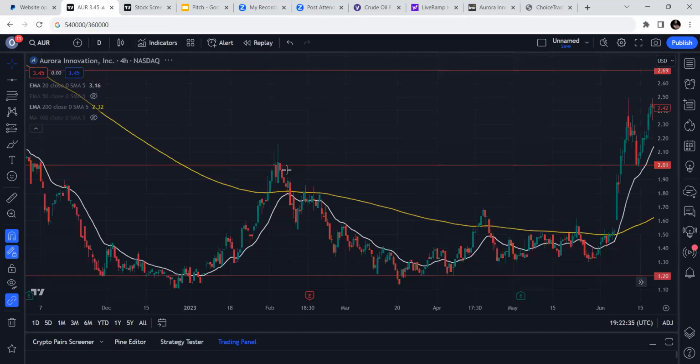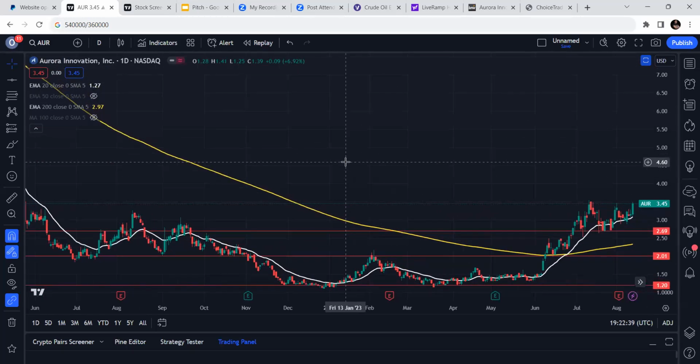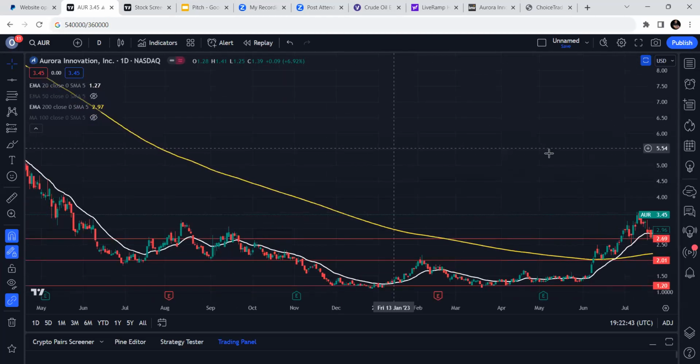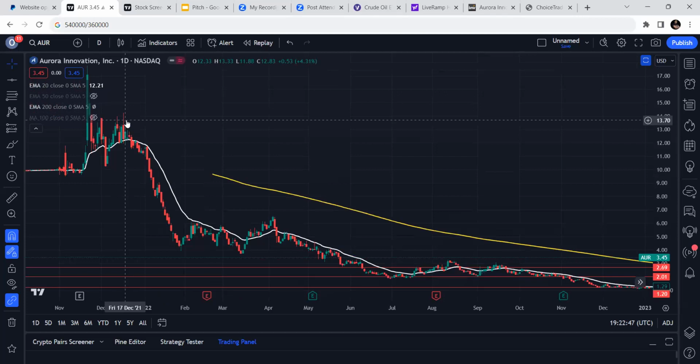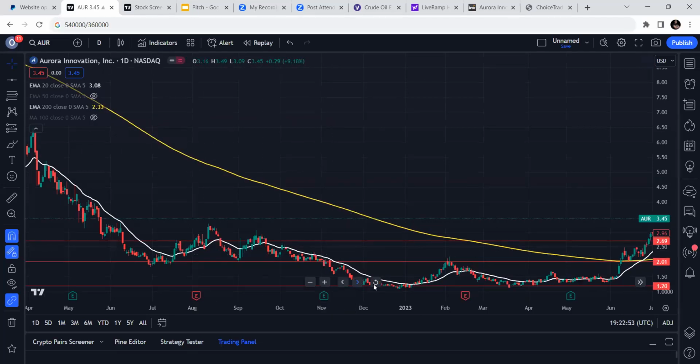What is fair value? Fair value is what a stock is worth compared to the market price, right? Now, imagine how this stock had fallen from a high price of $13 to reach a low of 1.2.